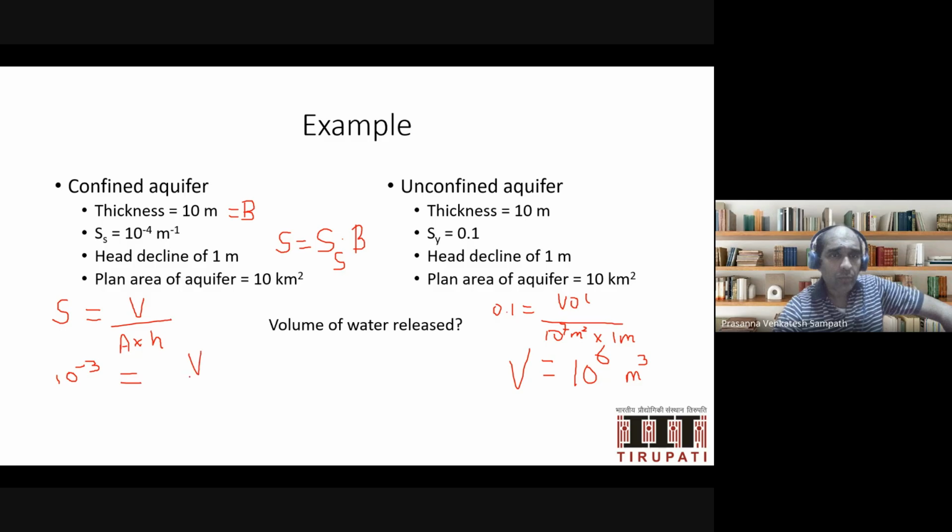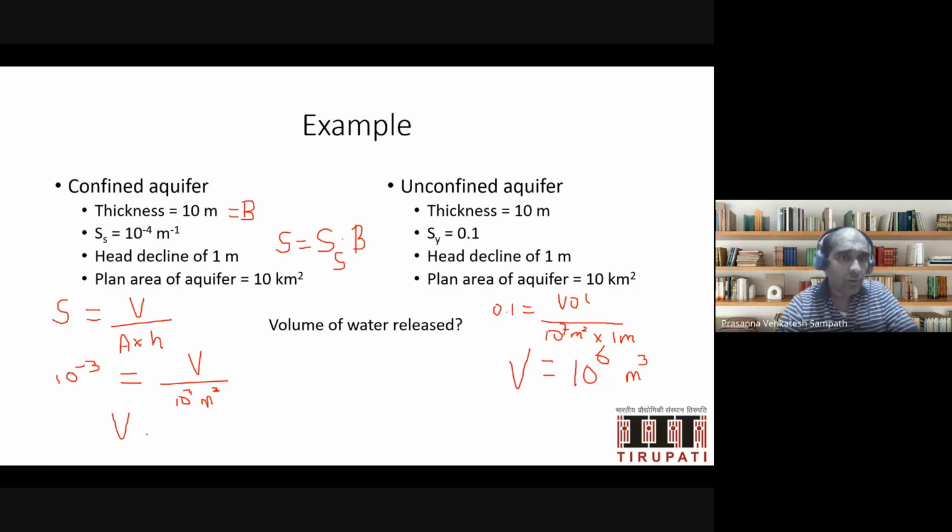So here I have 10 to the power minus 3 equal to the volume divided by 10 power 7 meter square multiplied by 1 meter. So that also gives me meter cube. So the volume of water released will be 10 power 4, right? 10 power 4 is 10,000.